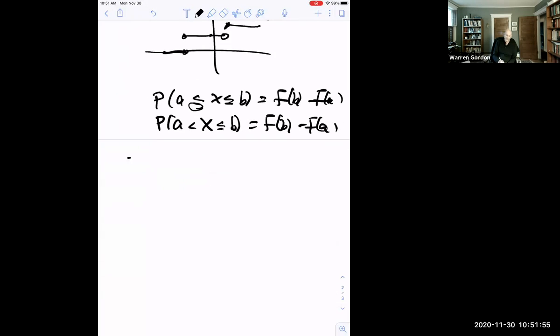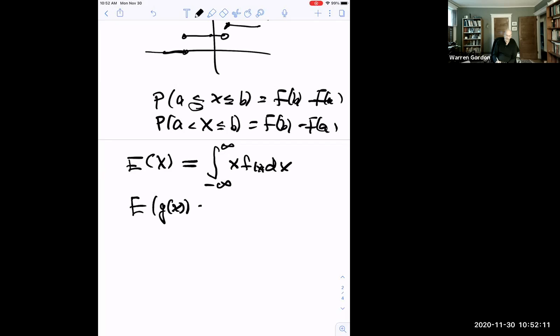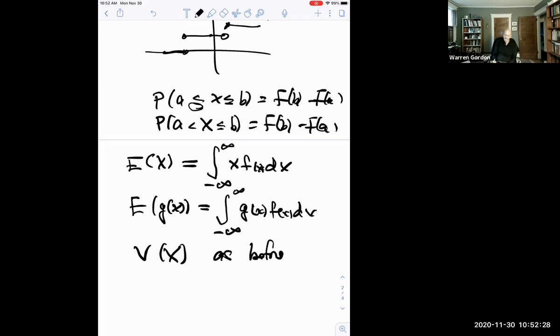And then I said, okay, we could define the expected value of a random variable. Now, instead of a sum, we have an integral. And in fact, more generally, if we have any function, this is LOTUS. Then, of course, the variance has the same definition as before, except to find E of X squared, you have to integrate.